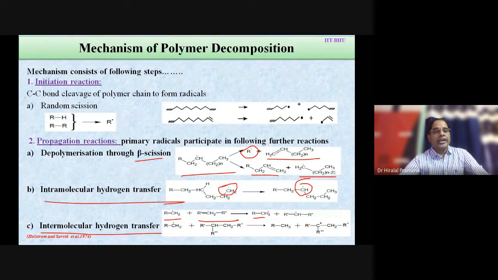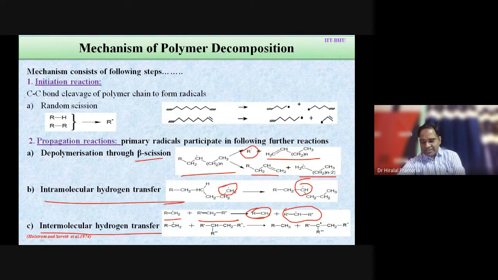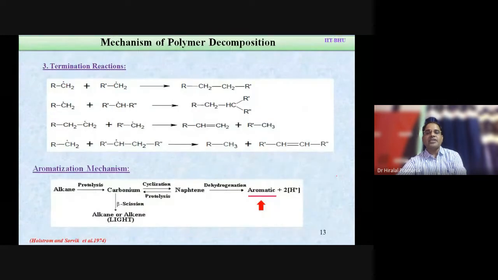So RCH3 dot, it is RCH3. Now an alkane has formed, and another free radical has formed. So this way you can have various types of saturated and unsaturated products.